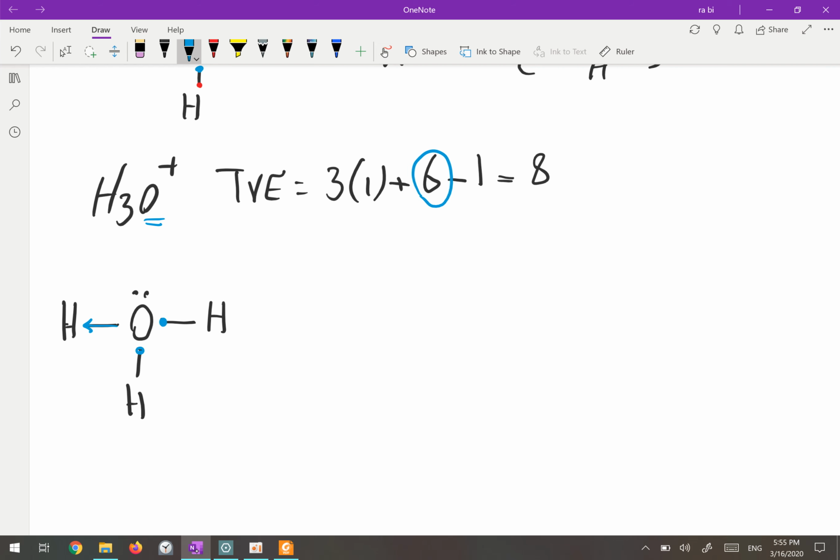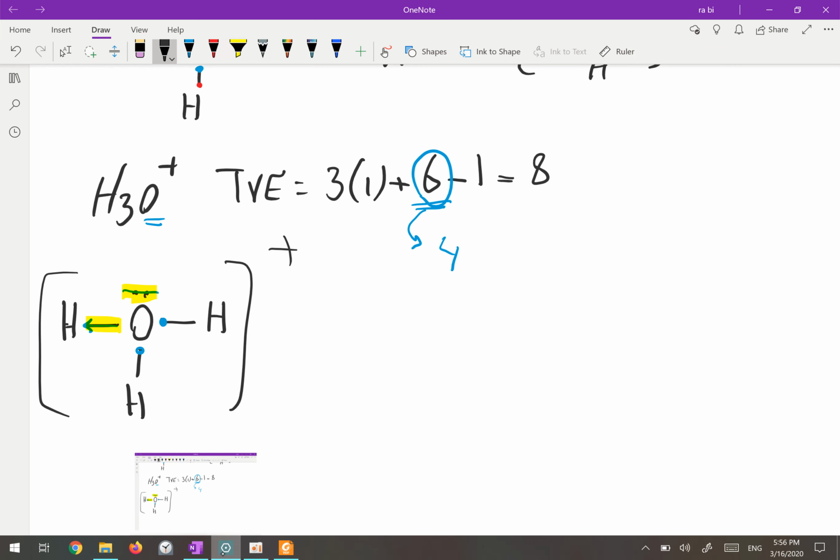It has 6 valence electrons. If it shares 2 electrons with the other hydrogens, 4 electrons remain for itself. 2 of them are here, 2 of them are here, and 2 of them are shared from one side with the hydrogen, or with the H plus. So this is the coordinate bond between the oxygen and one of the hydrogens.